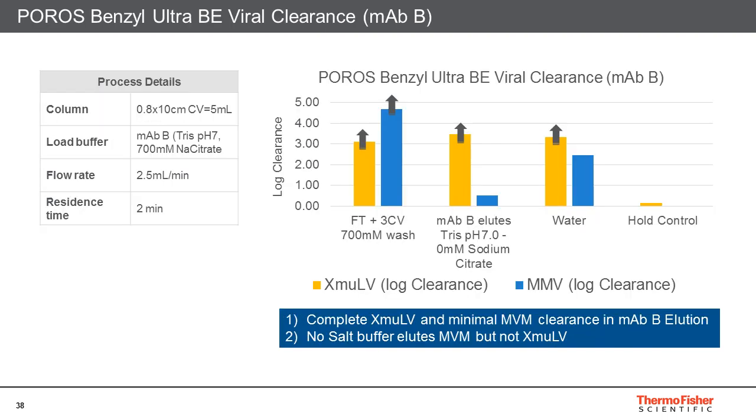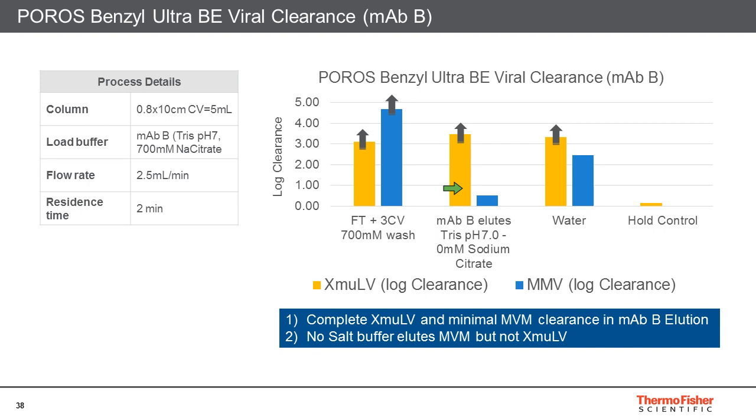So first we took a look at the viral clearance on the Benzyl Ultra process using mAb-B. And here you can see that we bound the mAb at 700 millimolar citrate. Looking at the flow-through pool fraction, it's interesting that we see both XMuLV and MVM binding to Benzyl Ultra under the salt condition. And as expected, the no-salt buffer selectively eluted both monomer as well as MVM.